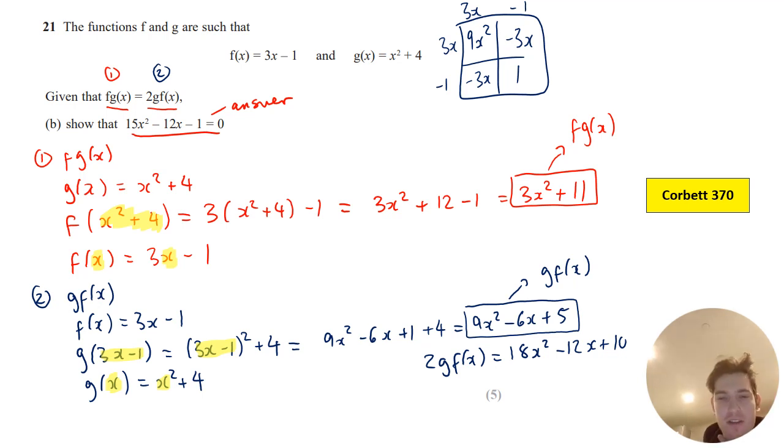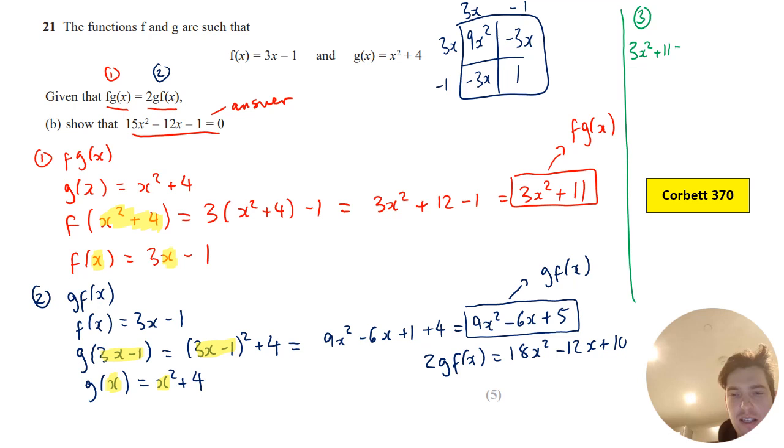Okay, I'm almost there. I'm running out of space a little bit, but should be okay if I do it to the side here. So step 3. I know that these two things are equal to each other. So I know that 3x squared plus 11 is equal to 18x squared minus 12x plus 10. So I've made them equal to each other, and now I need to show this thing here is true.